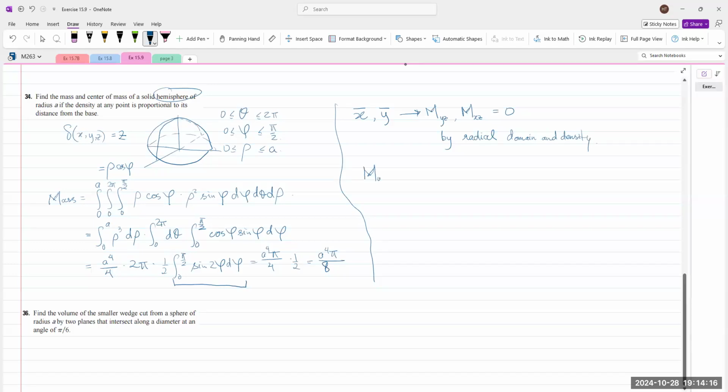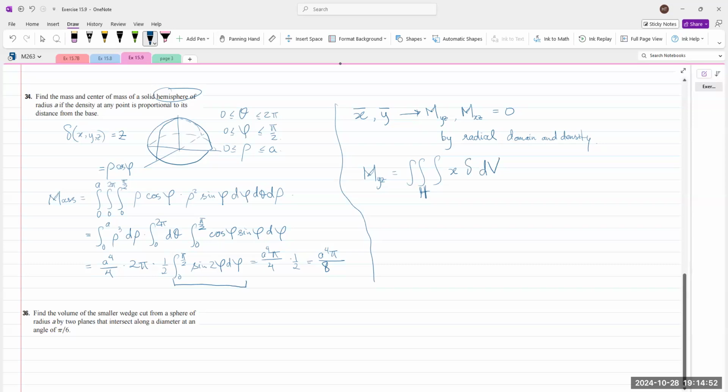The moment with respect to yz will be the triple integral over the solid, let's call this hemisphere, of the x component, the distance from the yz plane, times the density, d phi.